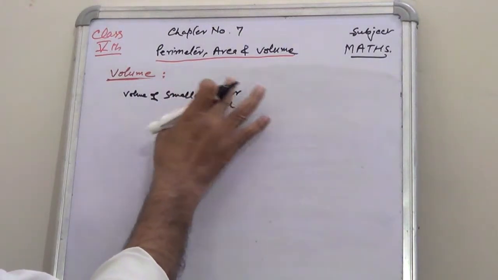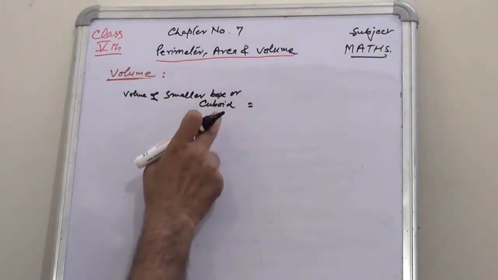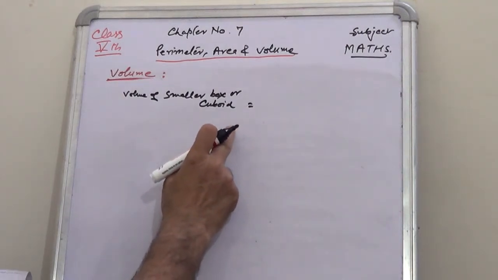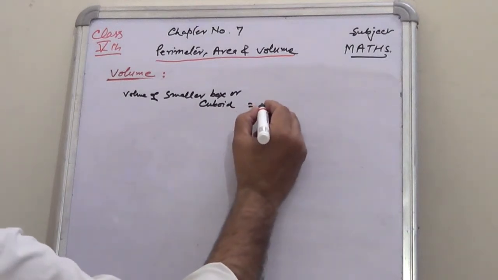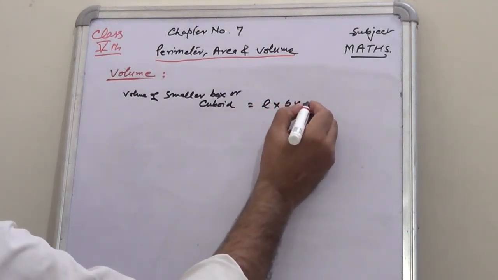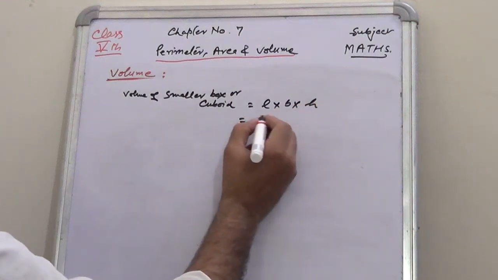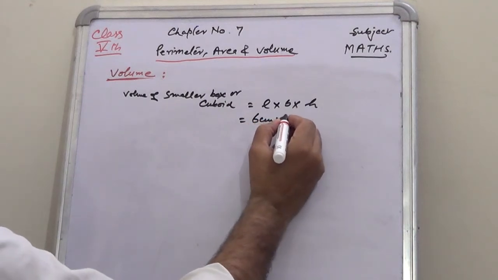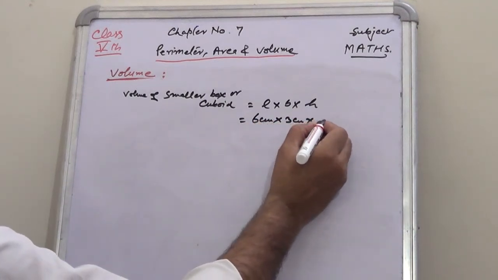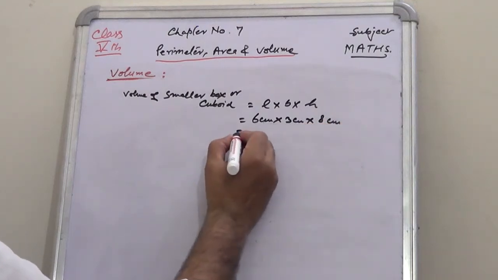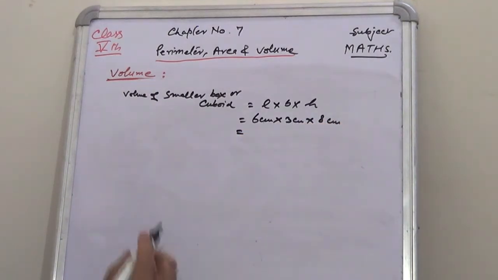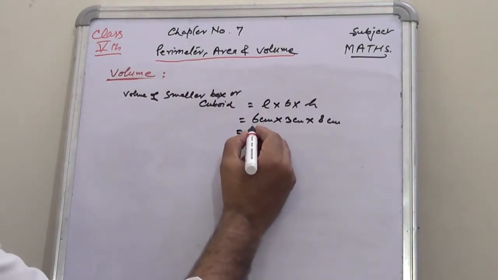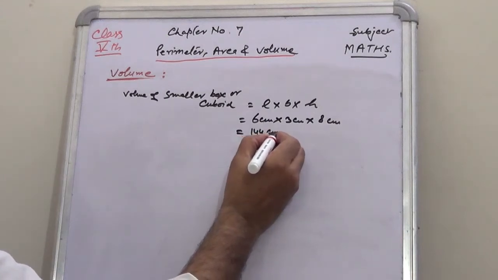Coming directly to the dimensions of the small box: length was 6 centimeter, breadth was 3 centimeter and height was 8 centimeter. So the smaller box has a volume of 144 centimeter cube.